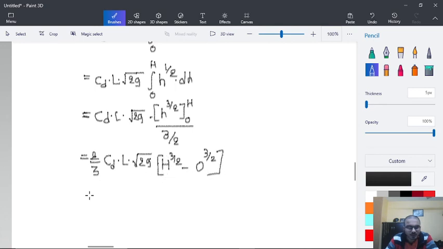So finally we will be getting 2/3 of CD into L into square root of 2g into h raised to 3 by 2. So this will be the value of total discharge Q.